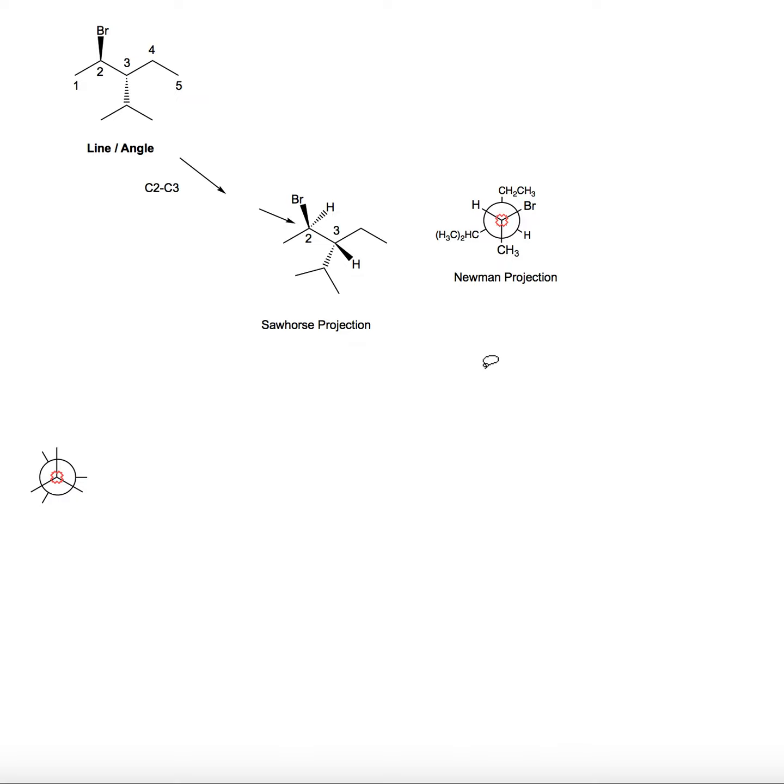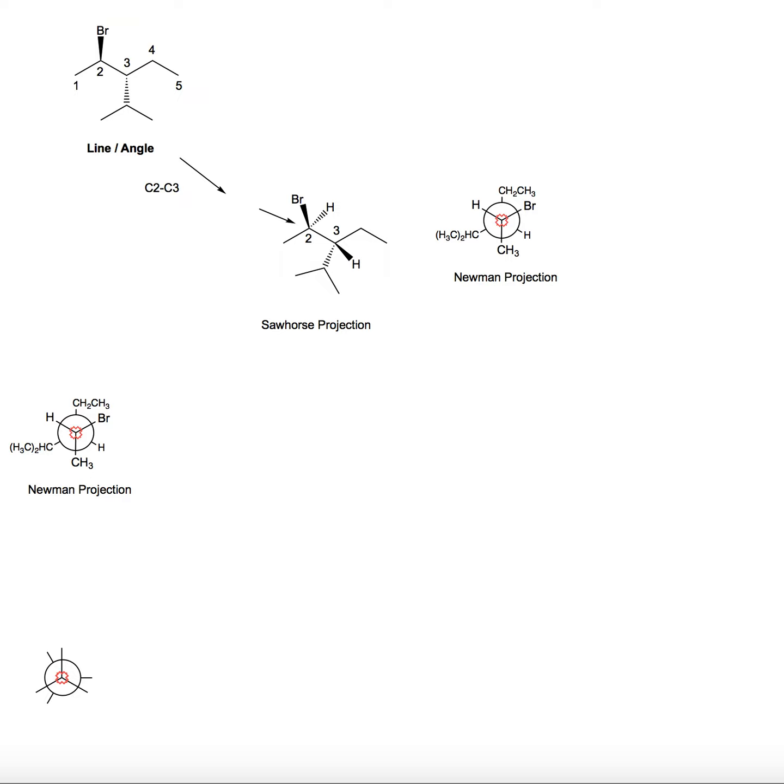So if we want to do a conformational analysis of this compound, remember that what we would need to do now is take this Newman projection and start rotating one of the carbons 60 degrees to the right or the left, keeping the second carbon fixed.